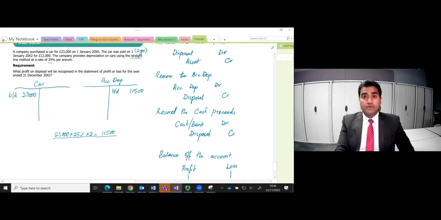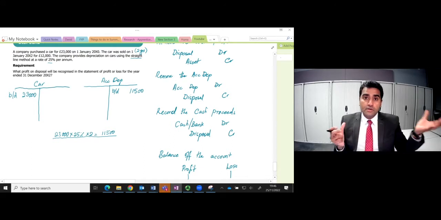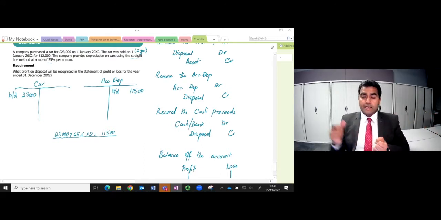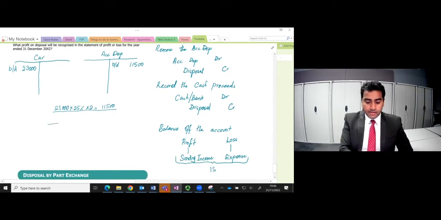Now let's record the disposal account. The purpose of preparing a disposal account is to bring in the value of the asset, bring in the accumulated depreciation, record the cash received, and then work out whether we have made profit or loss. So the disposal account will be like this.